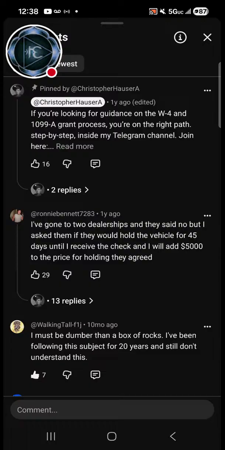A default. There was a default in the payment. Okay, and so meaning whenever they were supposed to process the payment back to you, they did not. And so in that regard, you may receive, I said may, because I can't tell you how your court case is going to turn out.